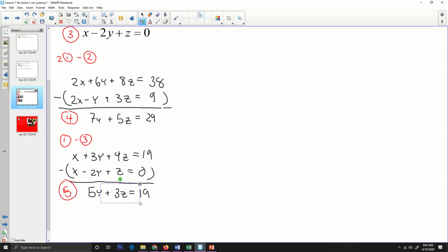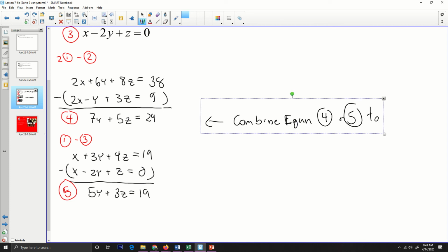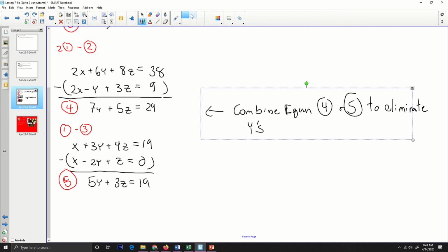Now I want to combine equations 4 and 5 to eliminate y's. How am I going to do that?